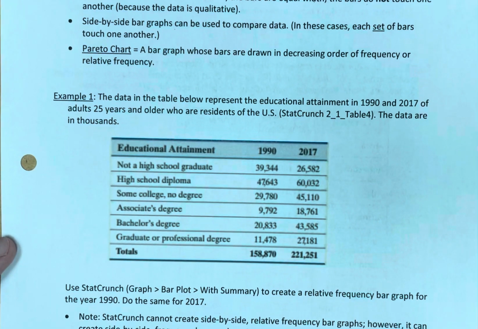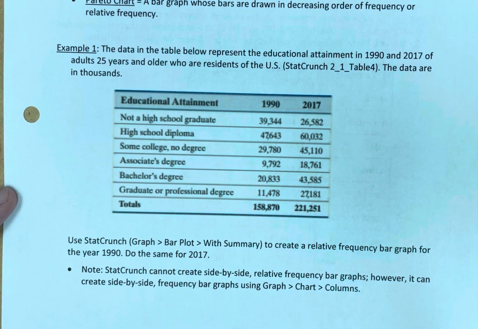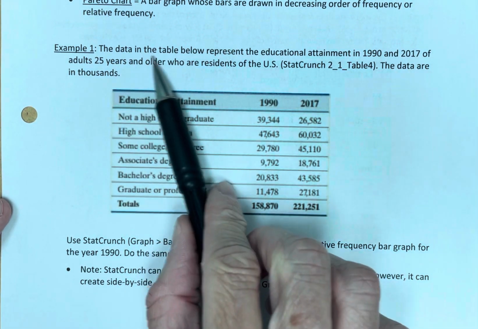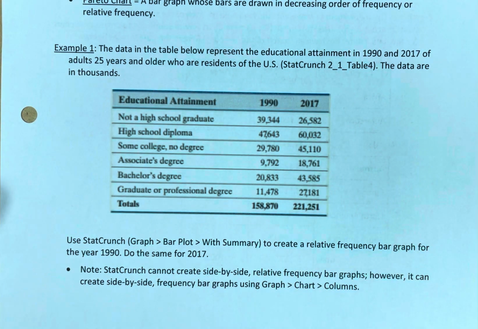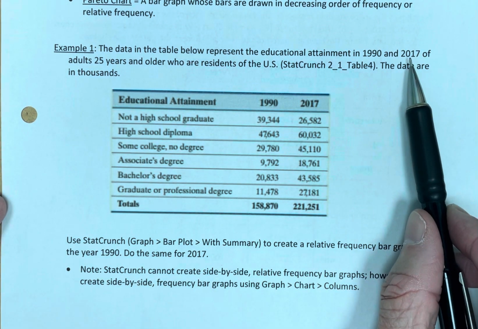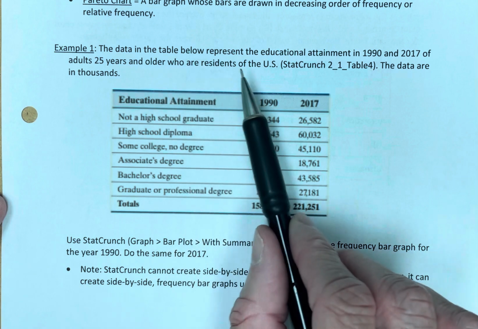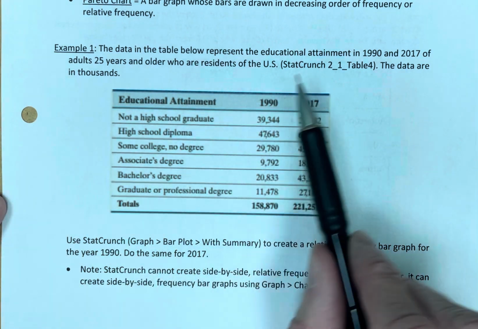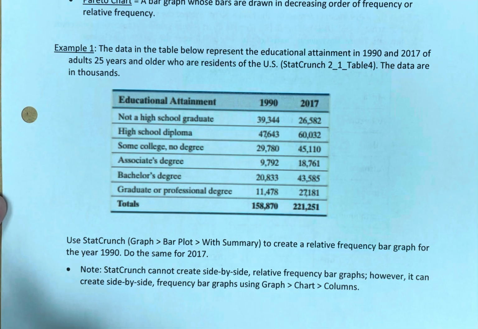Okay, let's take a look at an example, and then let's have StatCrunch do some work for us. The data in the table below represent the educational attainment in 1990 and in 2017 of adults 25 years and older who are residents of the U.S. And this data is located in StatCrunch 2.1 Table 4.